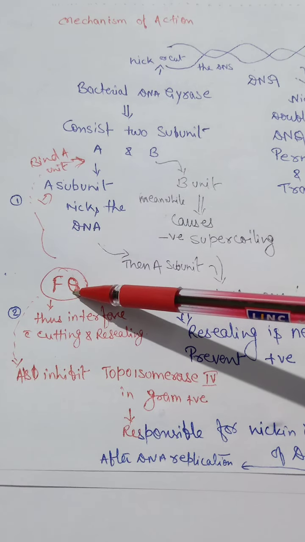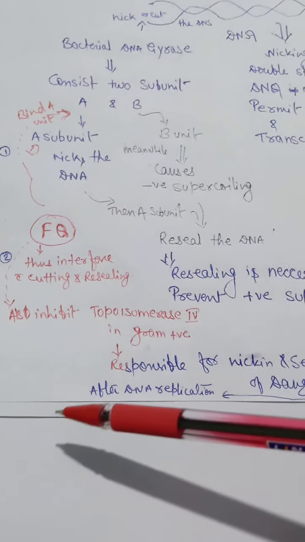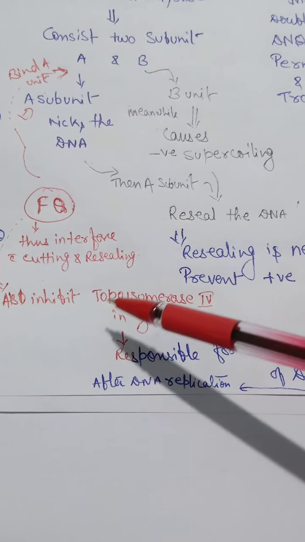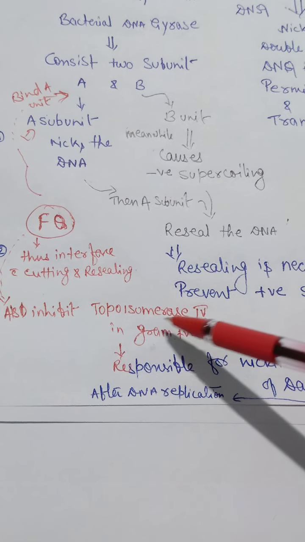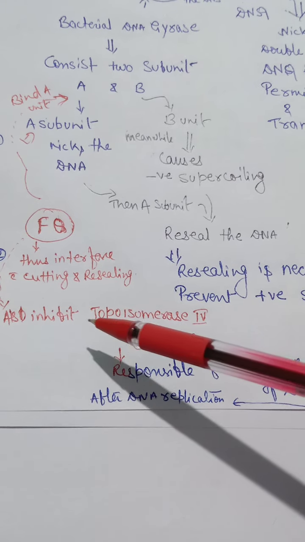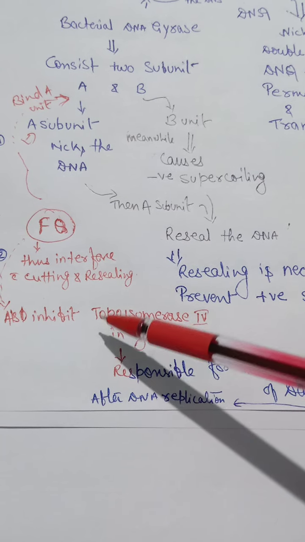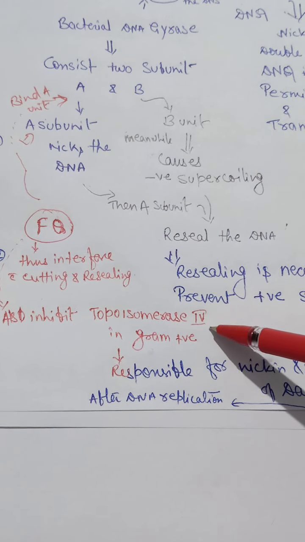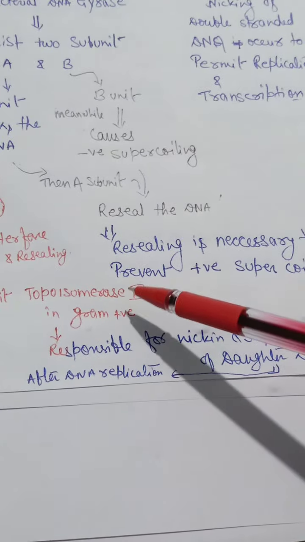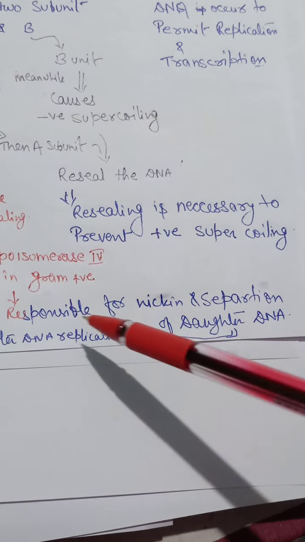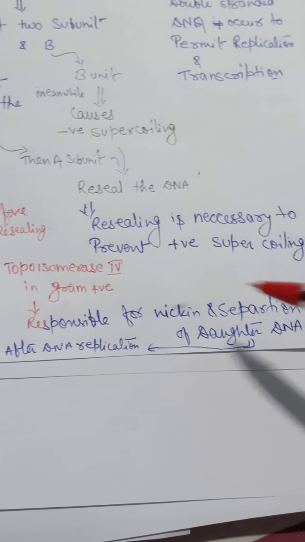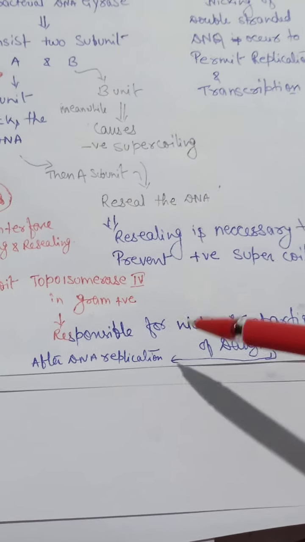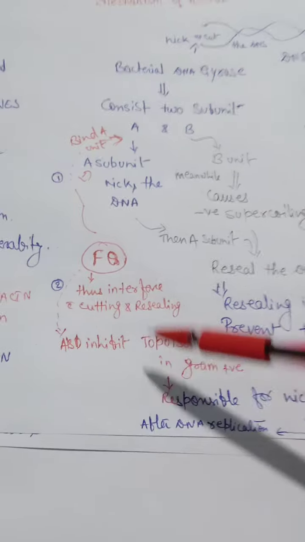Another mechanism is in gram-positive bacteria. Gram-positive bacteria contain the enzyme topoisomerase 4. This enzyme is responsible for nicking and separation, that is the negative supercoiling, of the daughter DNA after DNA replication.